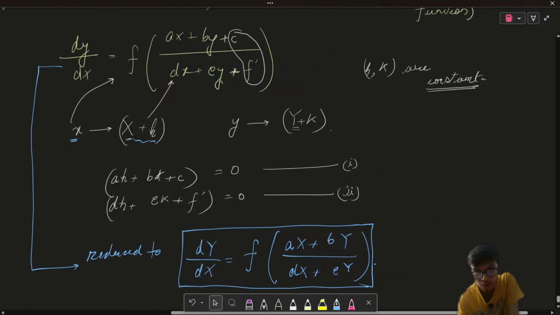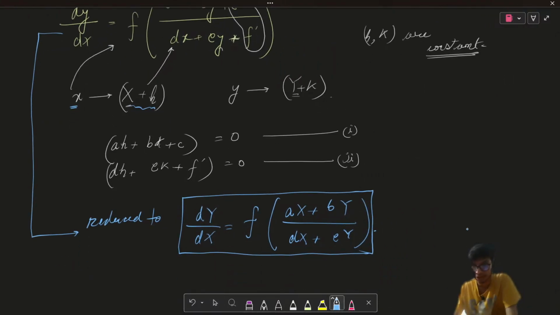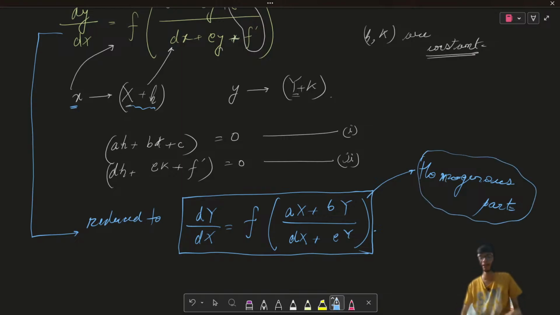So the non-homogeneous part is now reduced back to a homogeneous expression, and this can easily be solved by what we studied in our previous class. I hope this is clear to all of you.